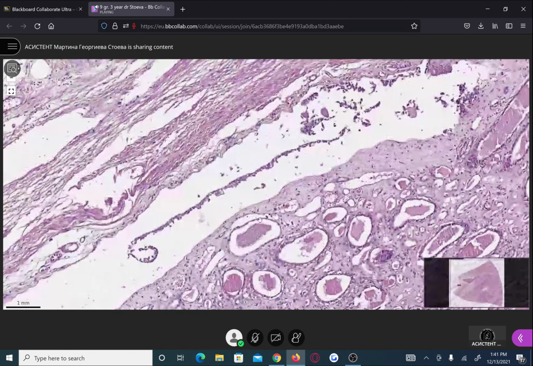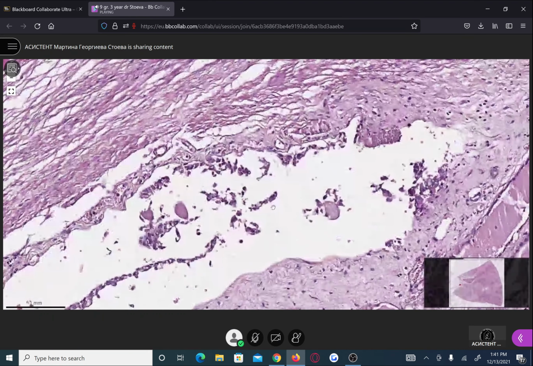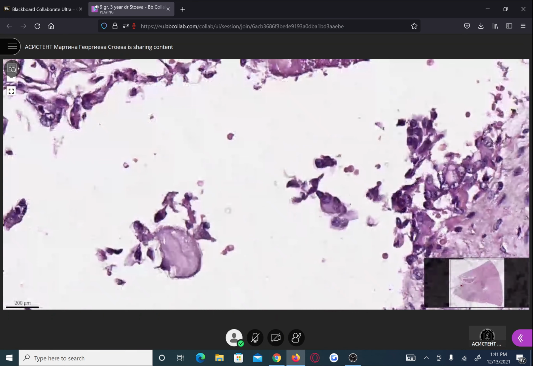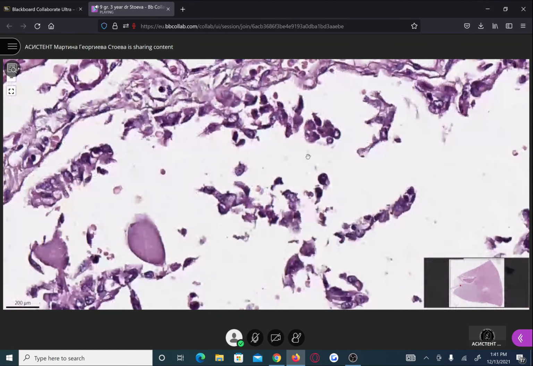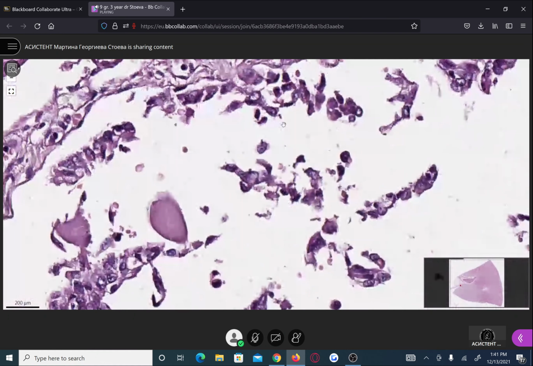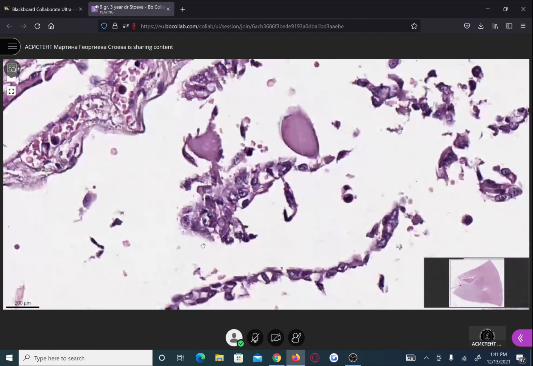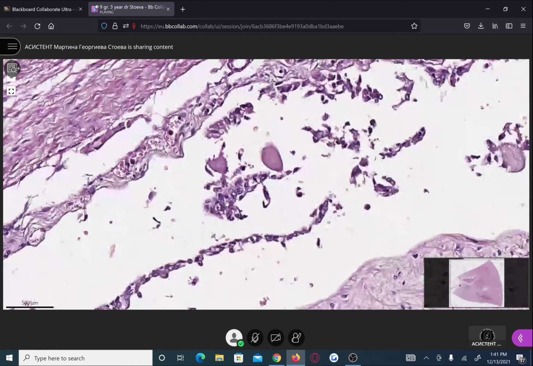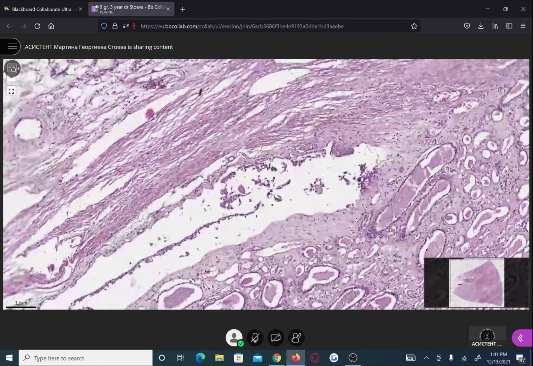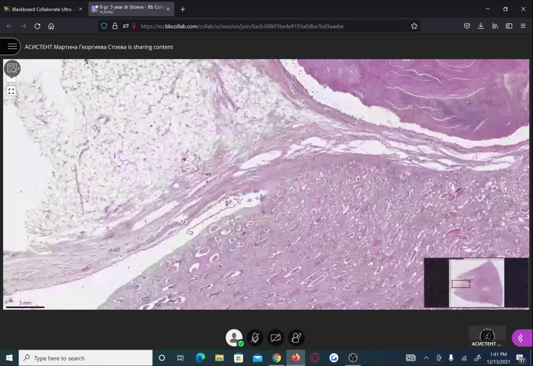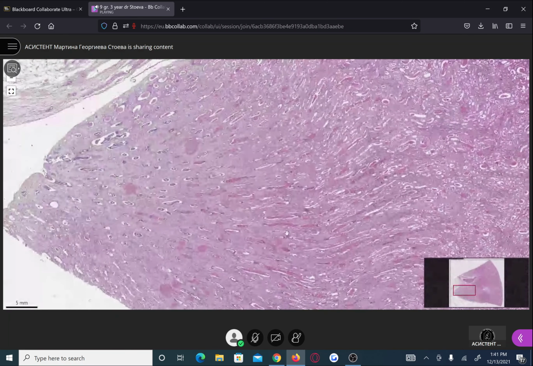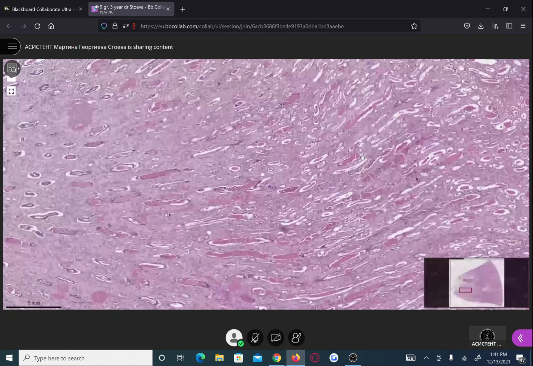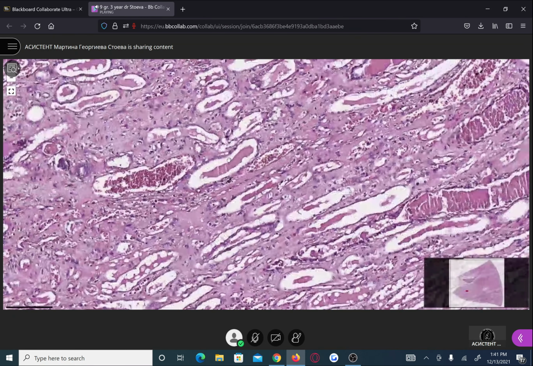Unfortunately, here the epithelium is not that well preserved. We have only some remnants of epithelial lining, but just theoretically, if you're asked, don't forget that the type of epithelium here is urothelium or transitional cell epithelium. Then in the medulla, we can find only collecting ducts.